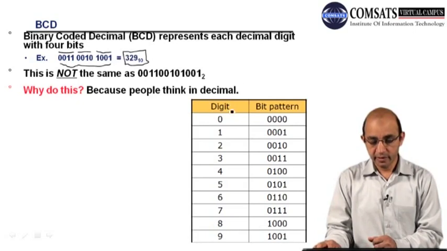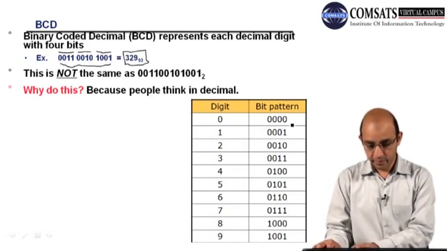So these are the digits, we have 0 to 9, and these are the bit patterns, right?